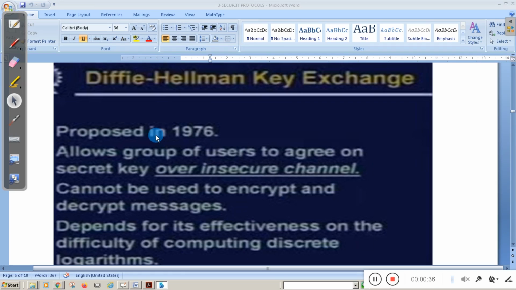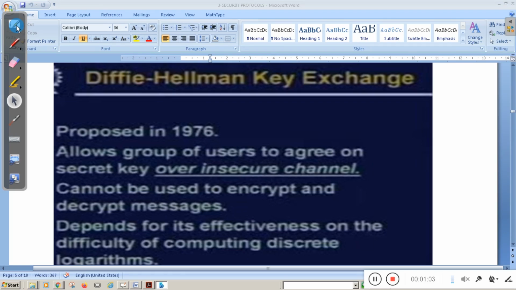Now, one of the major problems with the symmetric key encryption technique is this. Symmetric key encryption is the one in which both sender and receiver share the same key. The question is, how will the sender and receiver agree upon the same secret key?